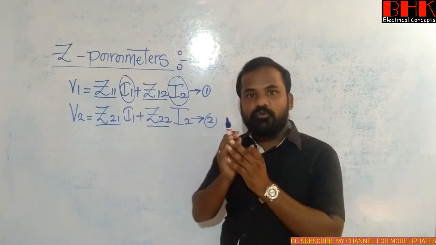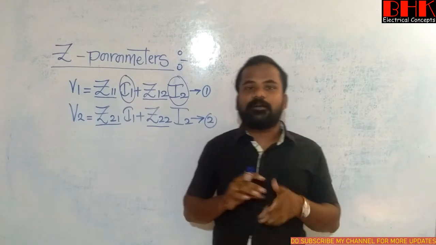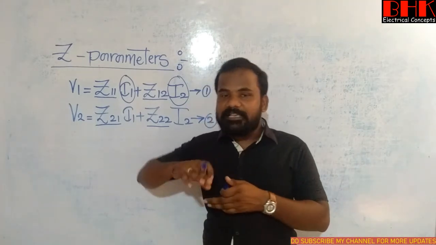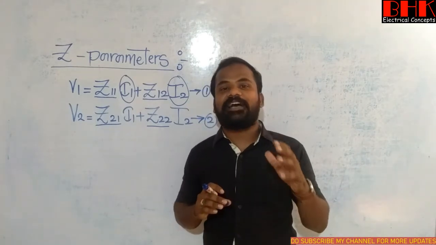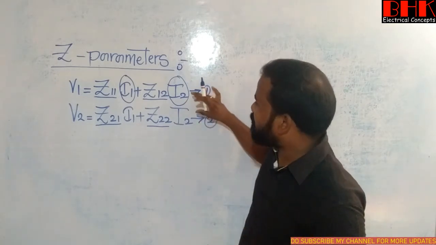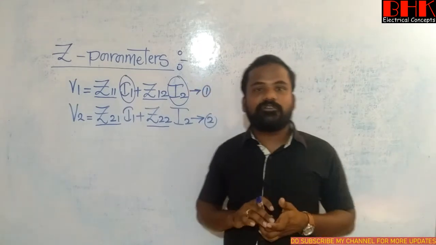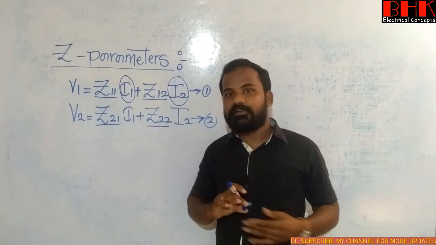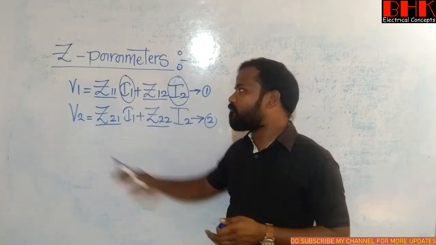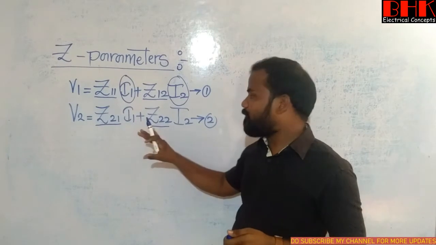It means just open circuit port 2. In case of open circuit the current in port 2 is 0. So in case number 2 we take the value of I2 equal to 0 by opening port 2. Clear? So like that we proceed to get the values of Z11, Z12, Z21 and Z22.